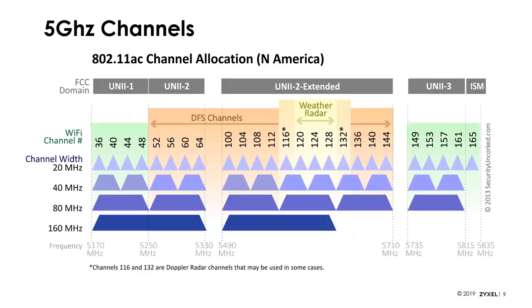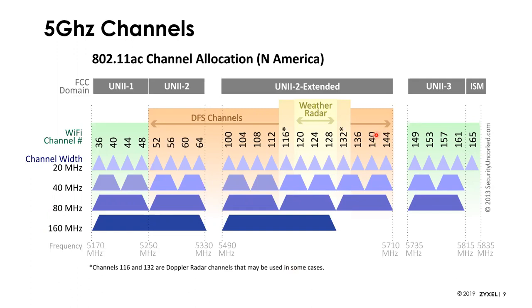Now, 5 gigahertz, on the other hand, opens up a lot more spectrum. You can see here, if we're using these 20 megahertz channels, you've got somewhere in the neighborhood, I think, of 26 non-overlapping, basically non-interfering channels. The problem you run into here is this middle section. You notice we've got it highlighted in a peach orange color there.